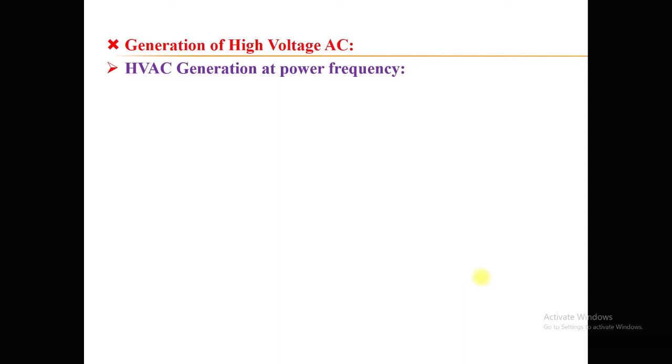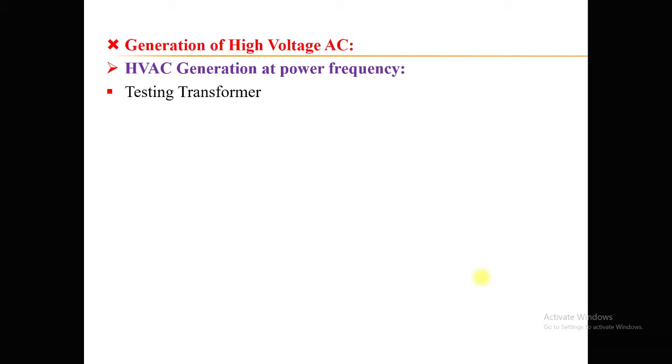High voltage AC at power frequency can be generated by using a testing transformer, which is usually a single phase step up transformer. The design of this testing transformer is completely different compared with the design of the power transformers and distribution transformers used for the transmission and distribution of power.